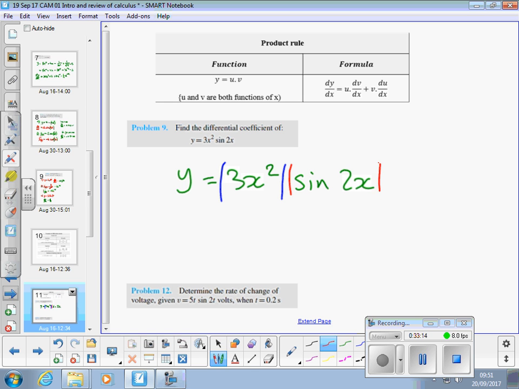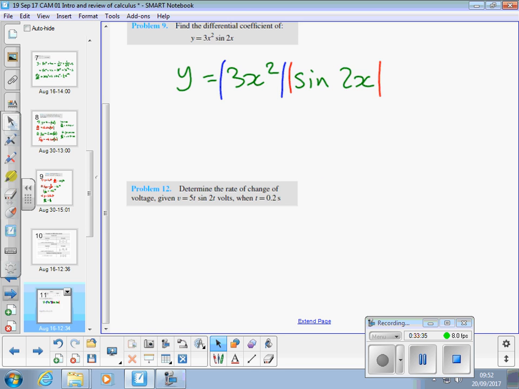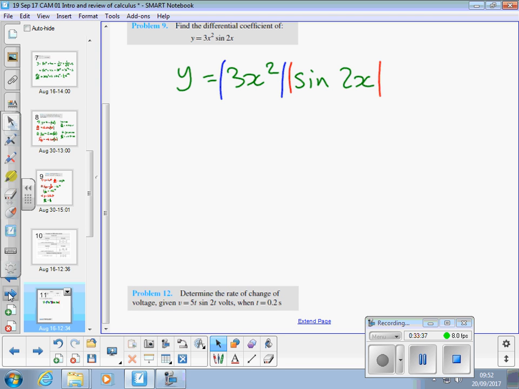That's a function of x, sine 2x. But we can't differentiate them separately because they're not added to each other or one subtracted from the other. They're multiplied together. Okay, so we've got to use this process of using the product rule.